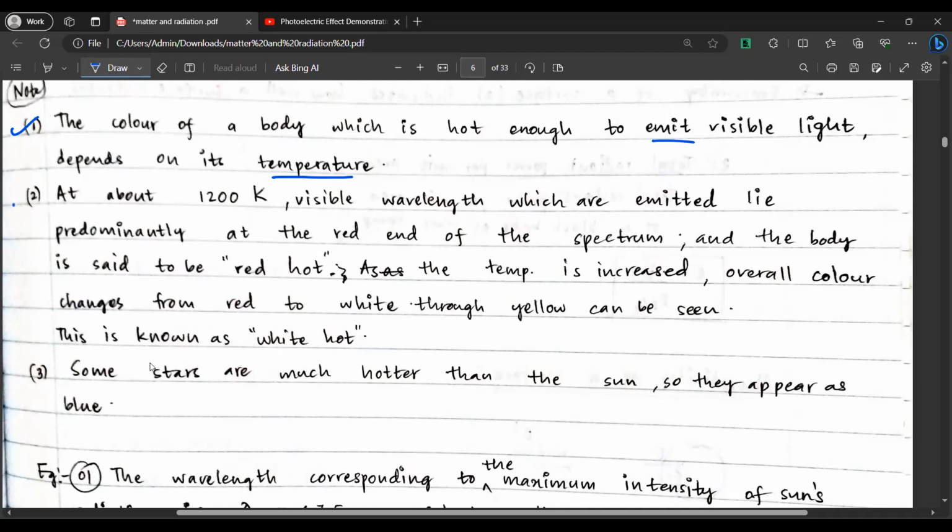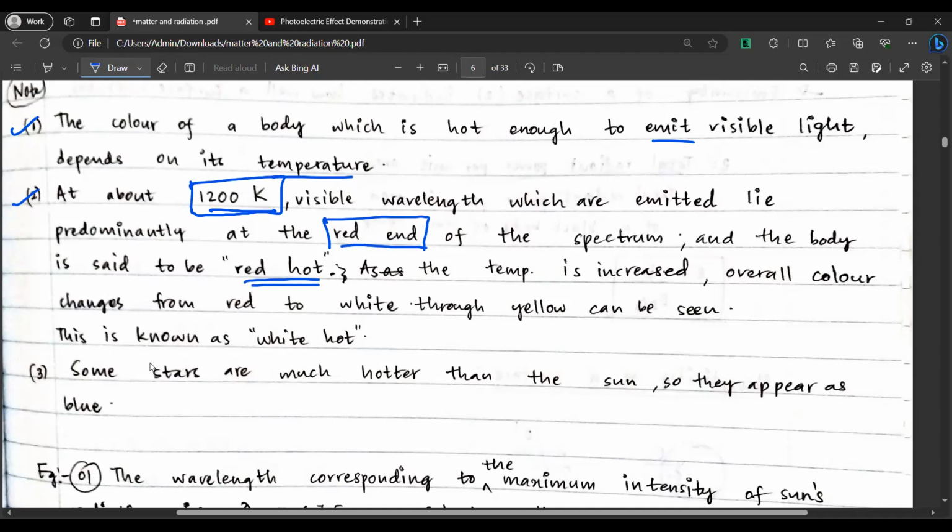And note number 2, at about 1200 Kelvin, visible wavelengths which are emitted lie predominantly at the red end. Okay, let's say at this temperature, the body looks red. When it is red, we call it red hot.